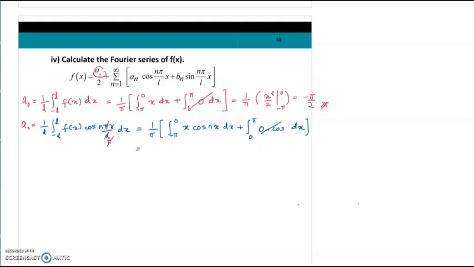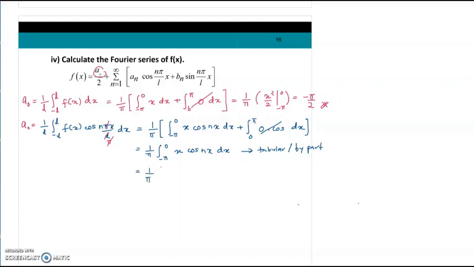So what we need to solve is just 1 over pi integral from negative pi to 0 of x cos nx dx. Again, this is tabular or by parts. I just give you the answer here.